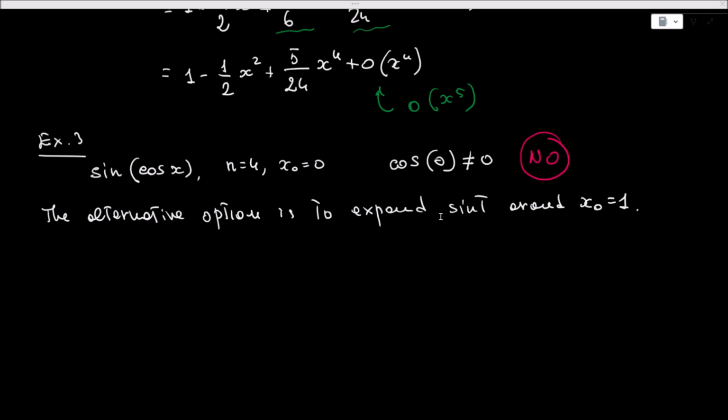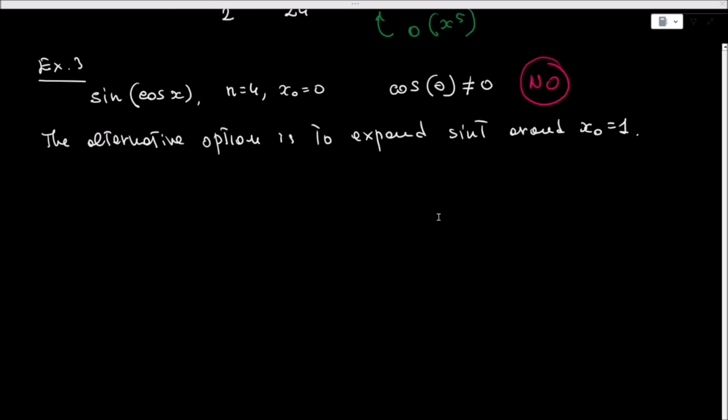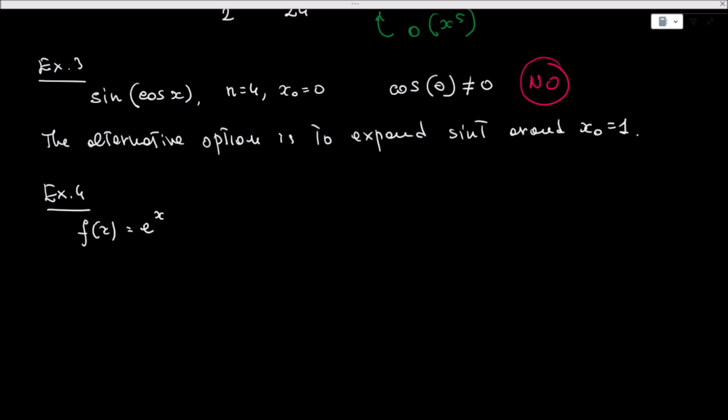So it is clear at this point that we need to make practice with the Taylor expansions with the center different from the origin. So let's move to example 4, where we have f of x equal to e raised to the x. And we want to make an expansion around x naught equals 6.